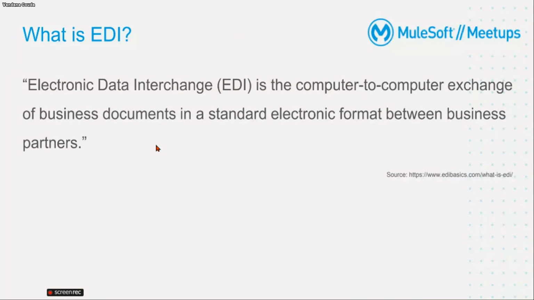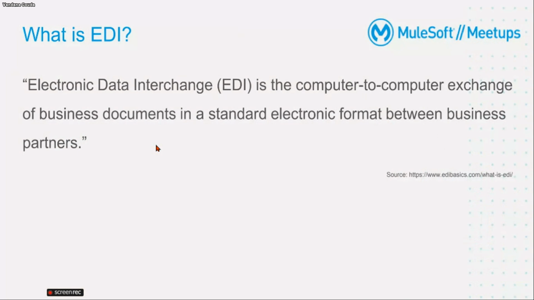We'll concentrate more on B2B, which is business-to-business communication, from one organization to another. It covers the exchange of documents from one organization to another, and all this comes under B2B transactions.